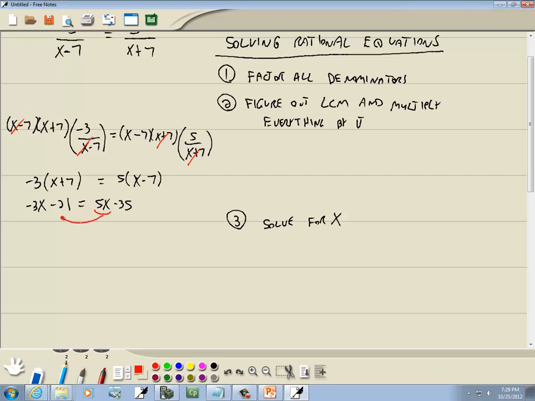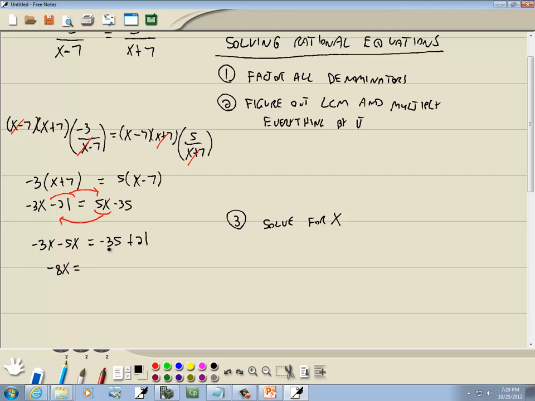So I'll take 5x to the left side and negative 21 to the right side. So we get negative 3x minus 5x is equal to negative 35 plus 21. Well, combine like terms at any step. Negative 3x, negative 5x is negative 8x.